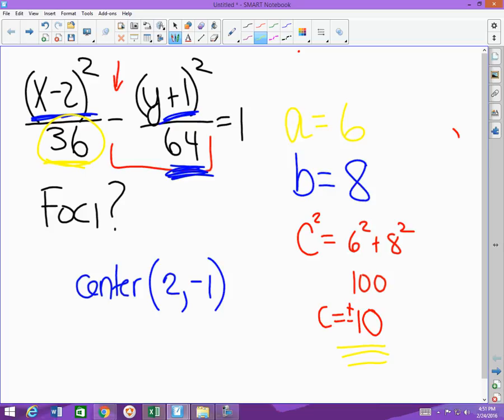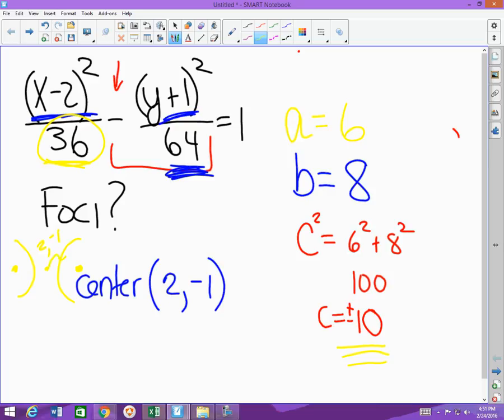And because x is first, it should be opening this way and that way, which then puts your values here and there if this is 2, negative 1.